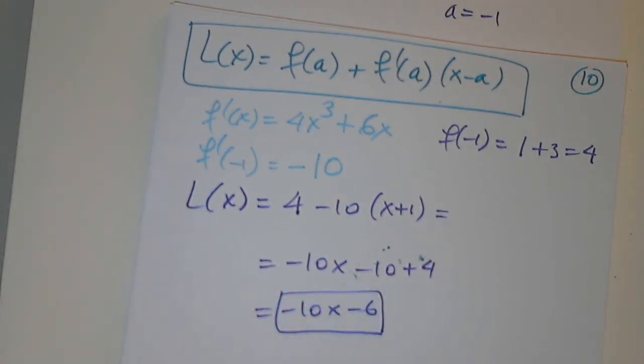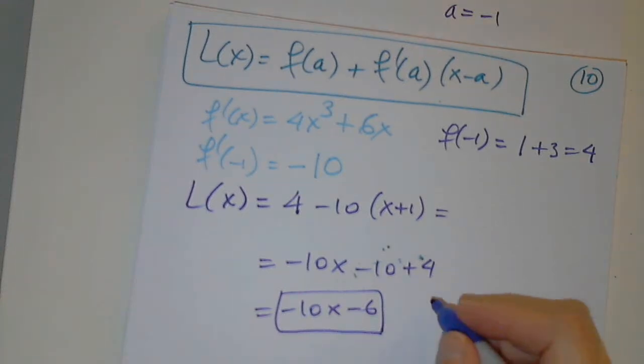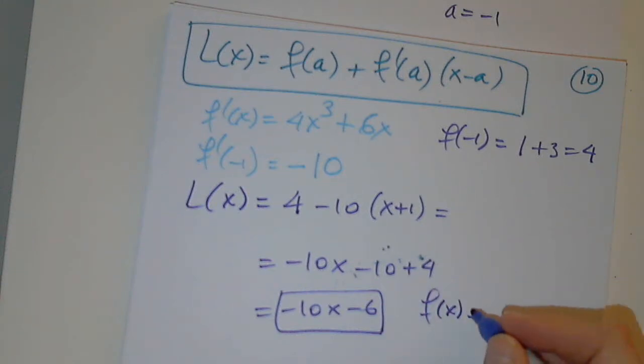So what does this say? It says that if you want to evaluate this function near -1, it's okay to use this line. So the function, I'm going to copy it here so I don't have to go back there, is this.